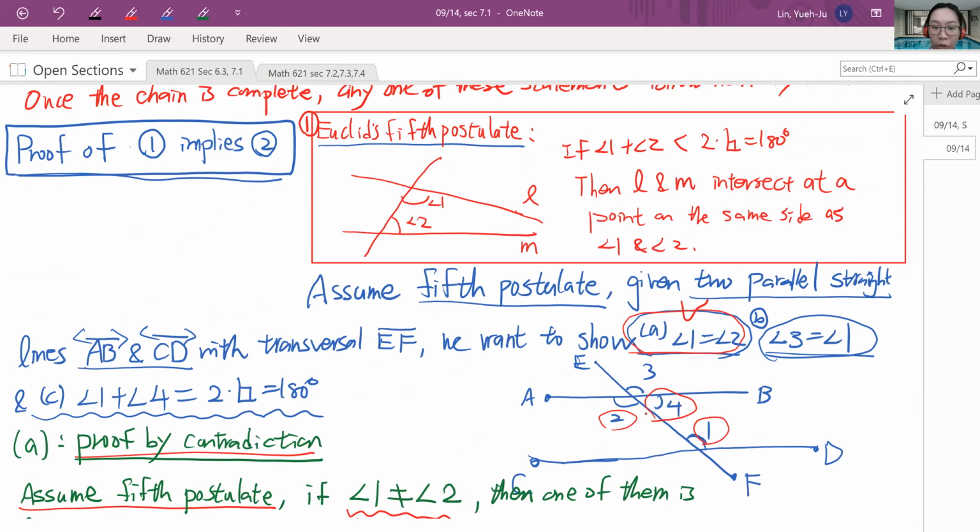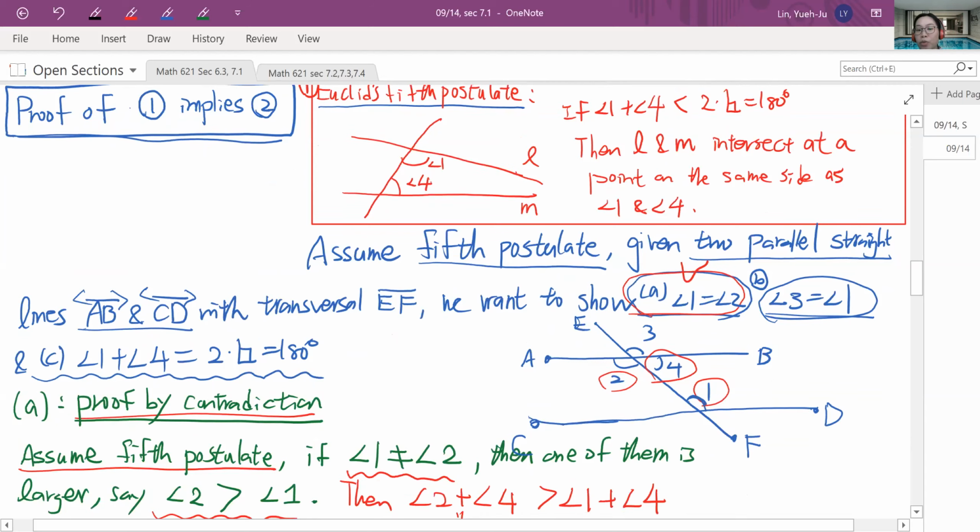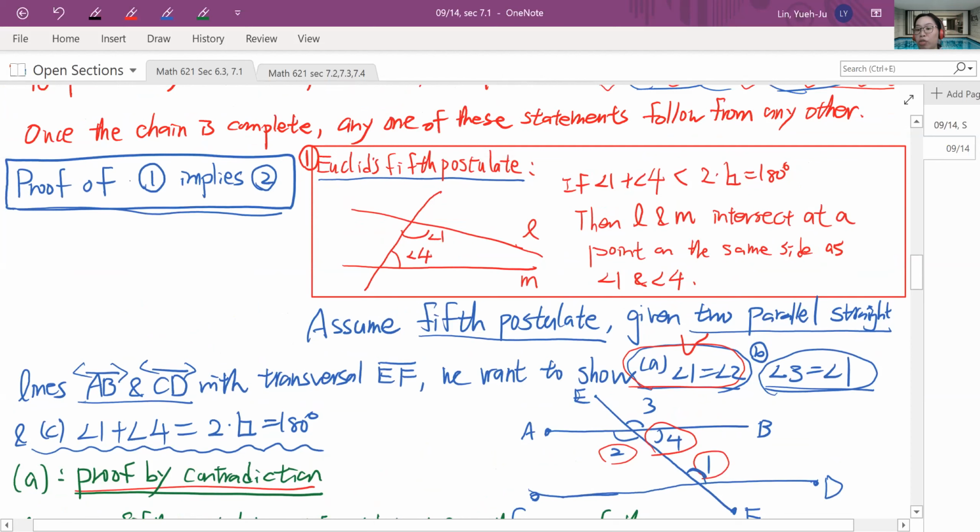the fifth postulate, right? If you want to be more comfortable with this, instead of 1 and 2, let me put 4 here so you can see exactly what we have. We just said that the sum of 1 and 4 is going to be less than 180. And that's essentially where we can use the fifth postulate.